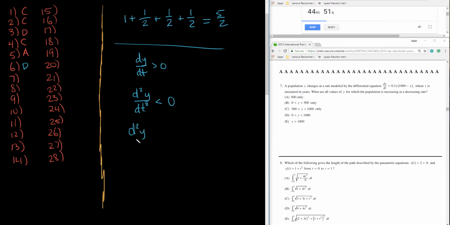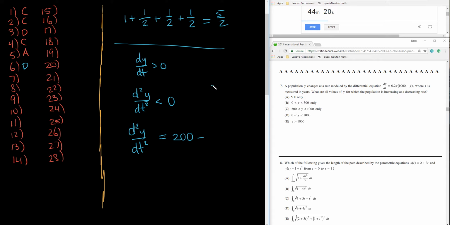So the second derivative of y with respect to t squared is going to equal, yeah, this is going to be annoying to calculate. Should we calculate it? Sure. So 0.2 times 1,000 is 200, and the derivative of y is just 1. Then we get minus 0.2 y squared.